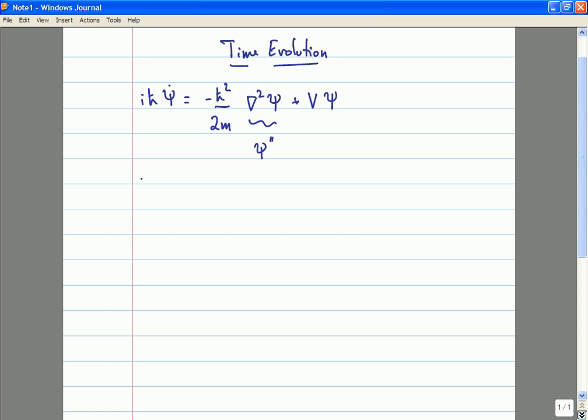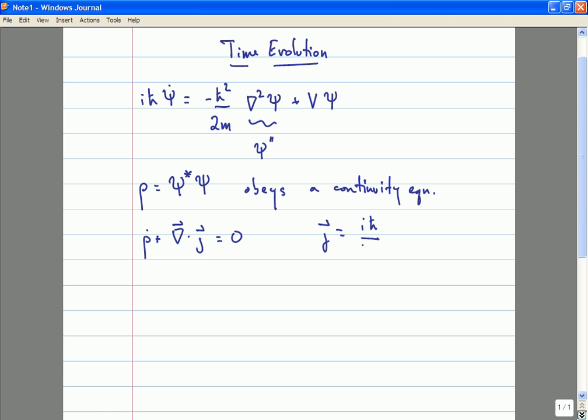So, for example, I noted that if one defines the probability density, which is the norm squared of psi, so this is the probability of finding the particle at a given point x as a function of time, then it obeys a continuity equation where rho dot plus the gradient of a current j is equal to 0, where j was, I remind you from last time, i h bar over 2m (psi star grad psi minus grad psi star psi), or stated a little bit more simply, this is of course just equal to h bar over m times the imaginary part of psi star times the gradient of psi.